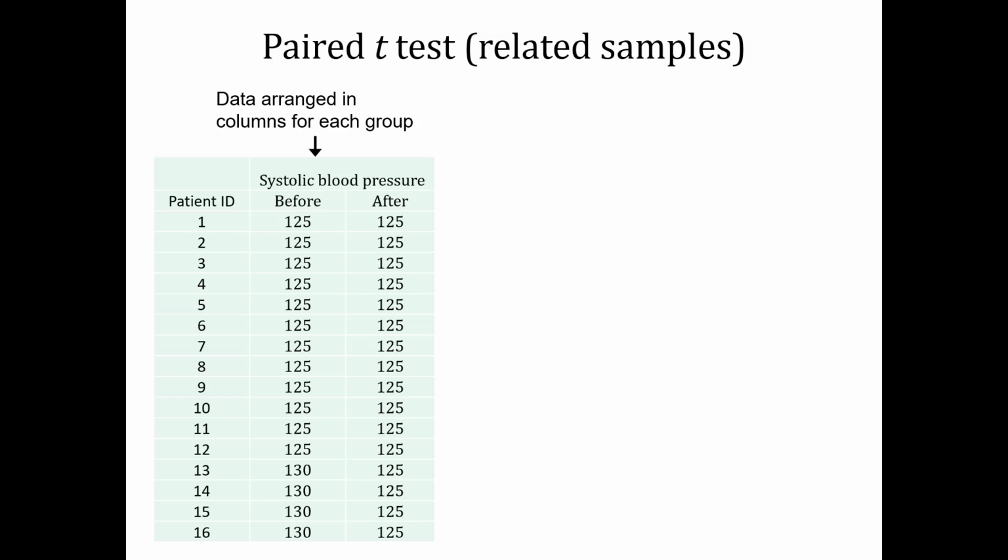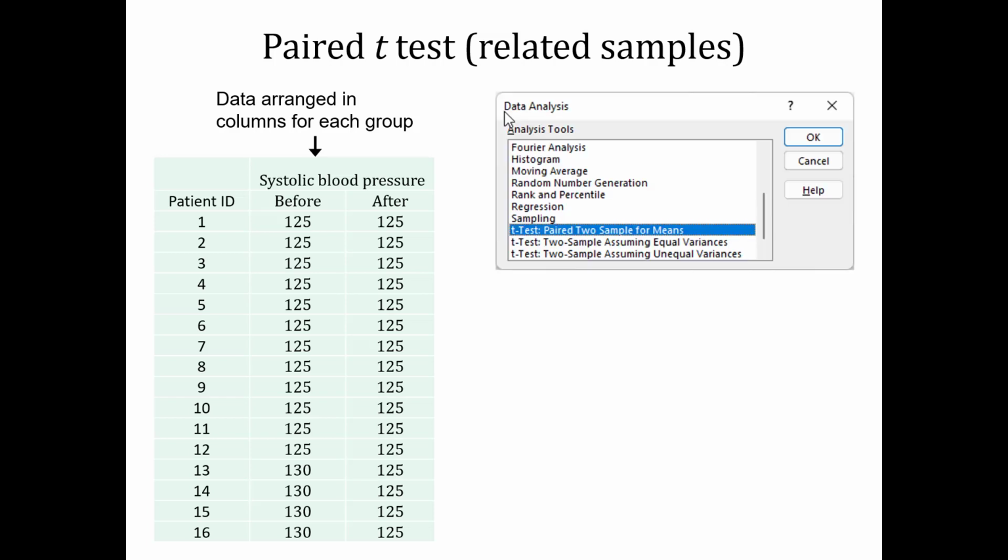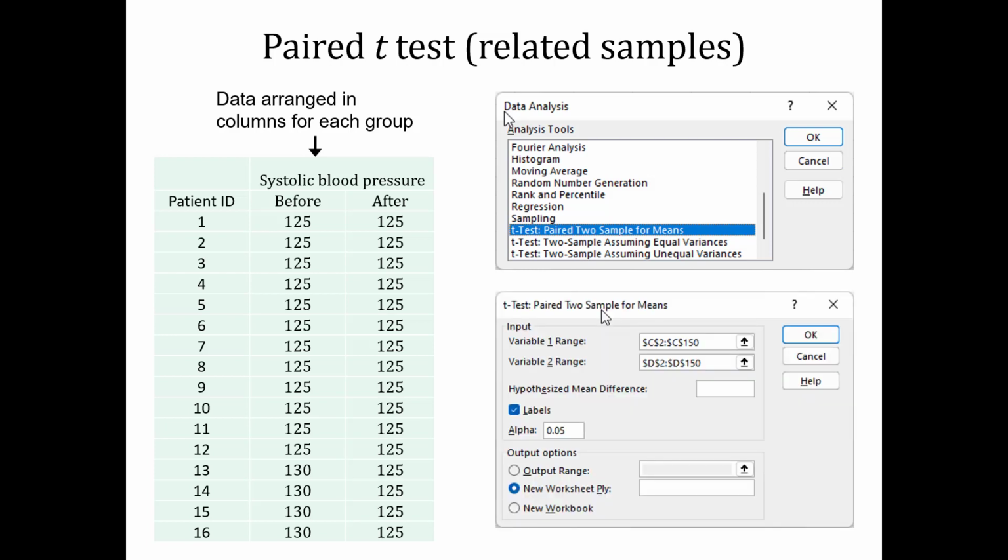Since you need to have before and after readings for each patient, the number of observations in each column have to be equal. After you click on the data analysis icon in Excel, select the option t-test paired two-sample for means. This box will then pop up. Fill in the range for the two variables, check the box for labels, and indicate where you want the output.